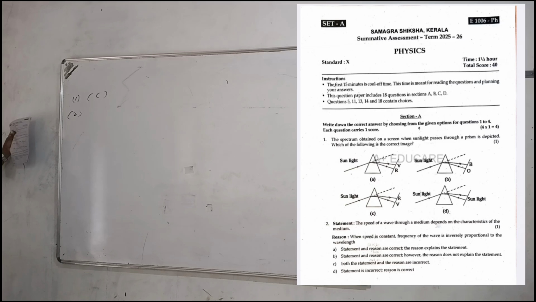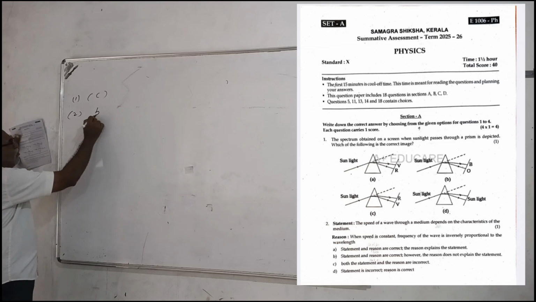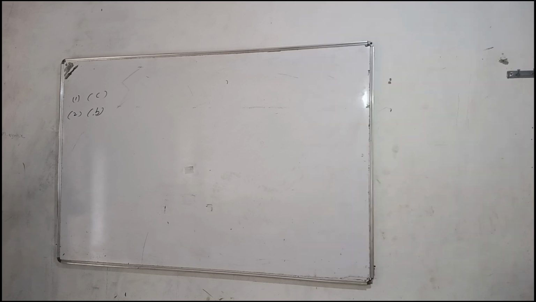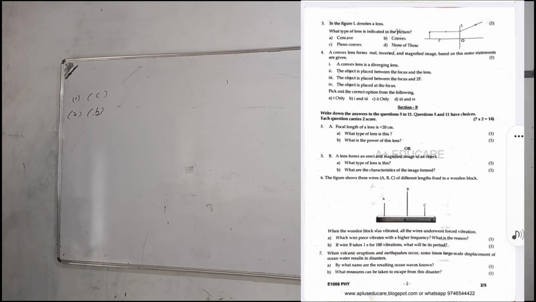It is not proper. Option B, statement and reason are correct, however, the reason does not explain the statement. That is the correct answer. So for the second question, you can select option B.